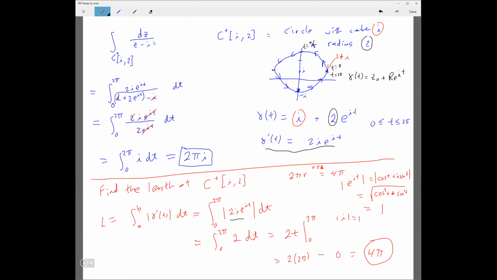Okay, and you would think, oh, that antiderivative is just going to be maybe the log of z minus i, right? And this is wrong though, and I'll tell you why it's wrong in a minute. But you'd think that, okay, this antiderivative is the log of z minus i, and you're correct. It is the log of z minus i, this antiderivative here.